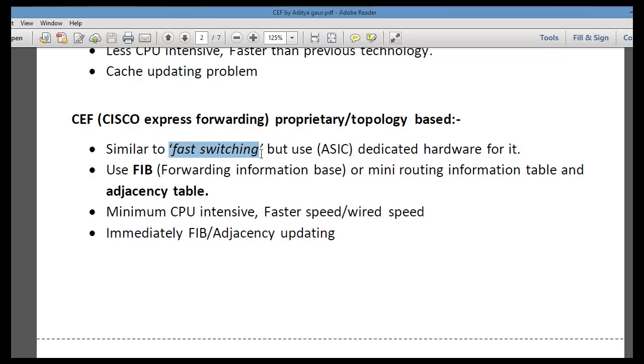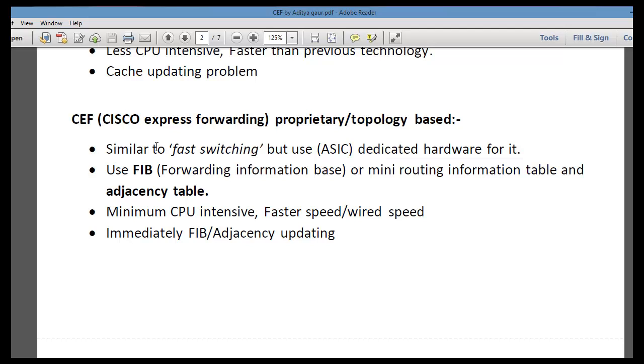Fast switching is nothing special other than keeping a route cache of recently used routing and forwarding information, but CEF uses dedicated hardware known as ASIC, Application Specific Integrated Circuit. This is performed by ASICs, not by the CPU of your router or your switch.